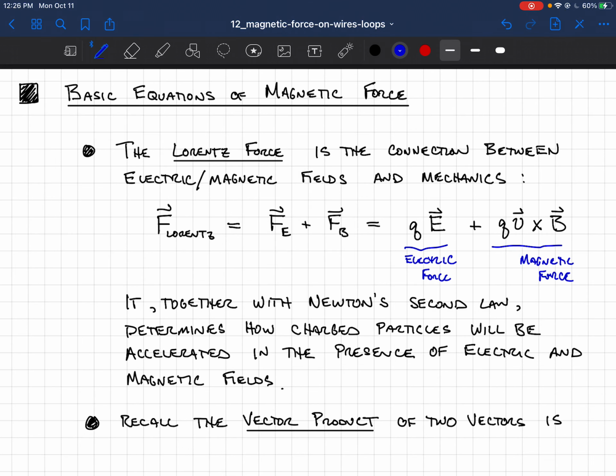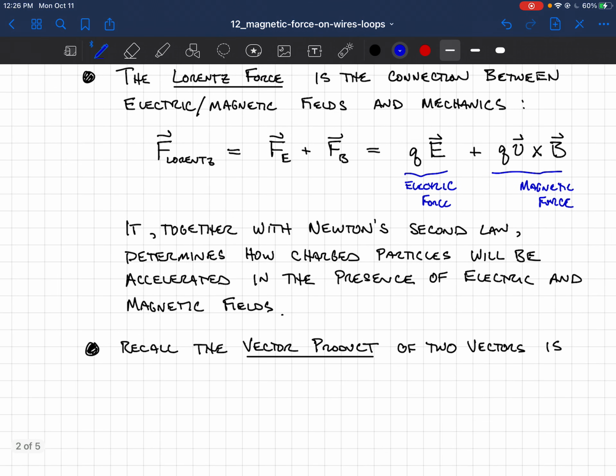I just want to remind you how we calculate that thing. The vector product, V cross B, is a mathematical thing. It's a different kind of product than the scalar product or the dot product. The vector product is also sometimes called the cross product.